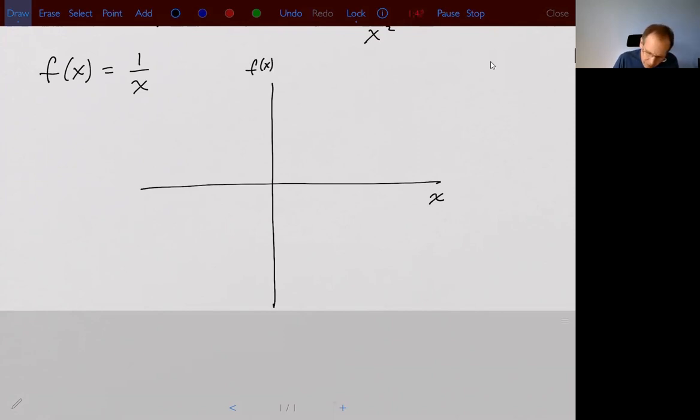And remember the function looked like this, right? It kind of blew up to infinity as it approached 0. Then it approached 0 as x approached infinity. And then this side did this. Went down towards the infinity.